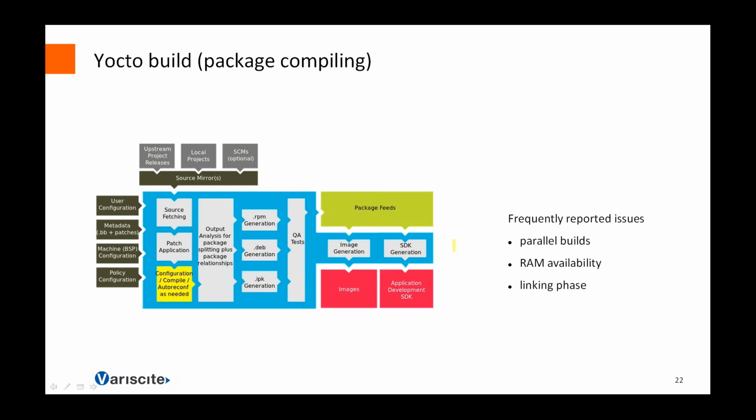Once done with the compilation phase, the packages need to be split. What I mean, the binaries have already been generated by the compilation phase, but they need to be organized, not in a single set of files to be copied, but split into several subpackages to be better managed.